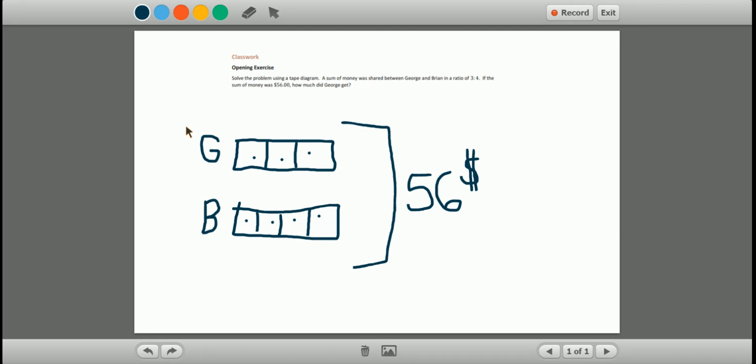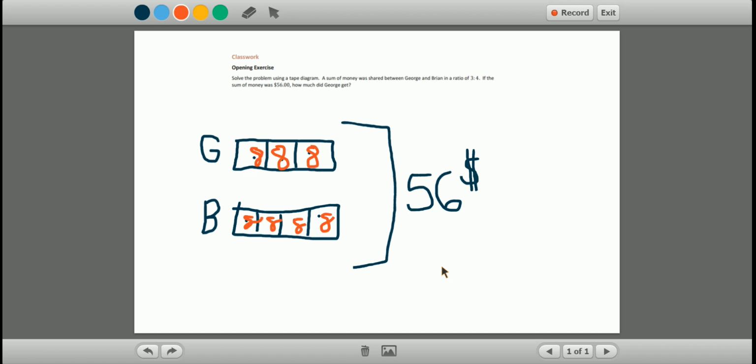I would go 56 divided by 7, and that would give me 8. So each box has to be 8. If I were to add up all of those 8s, I would get the $56.